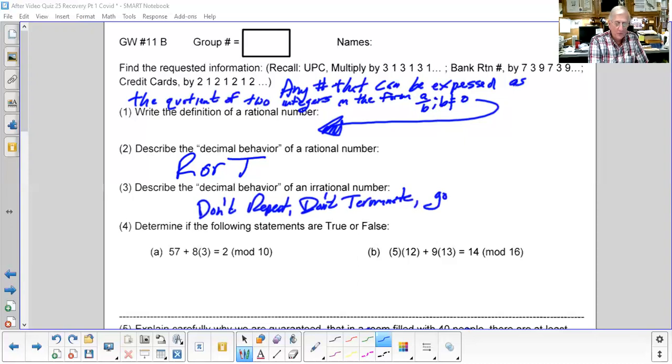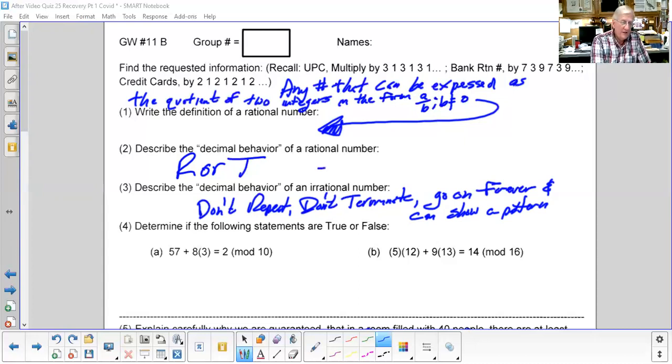You'll also add to that, they go on forever and can show a pattern. What do I mean by that? Let me refresh your memory on that. This is an irrational number that goes on forever showing a pattern.